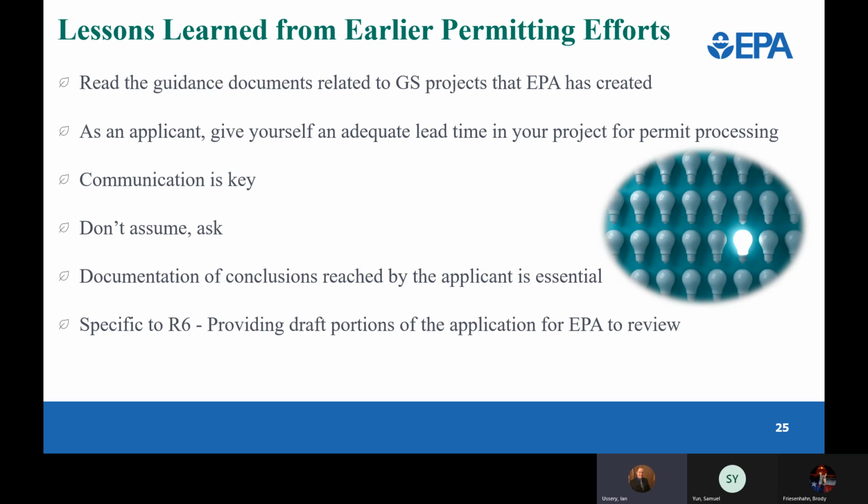Don't assume anything. Please ask. Documentation of conclusions reached by the applicant is essential. The whole philosophy of just trust me just doesn't work when going out for the public notification phase of your project. The more detailed your application is, the fewer red flags show up on our end, and therefore it makes a better case for the public perception.